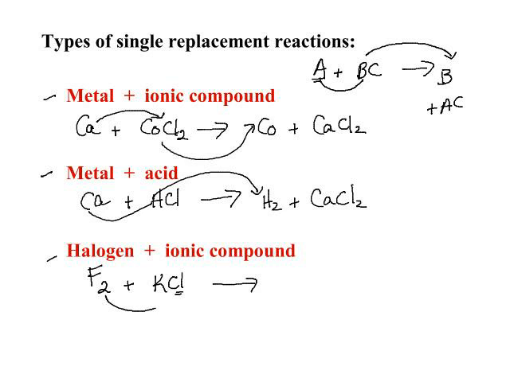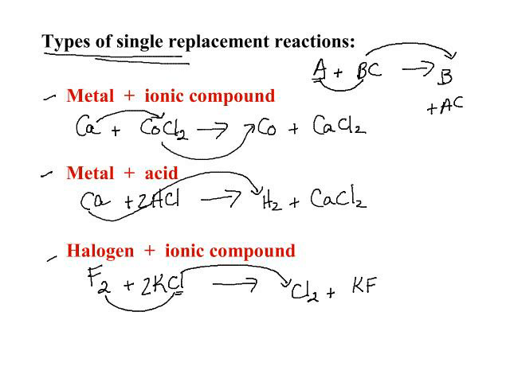In this case, the fluorine will replace the chlorine and form the compound. And then you would have to go back, of course, and balance these, and balance the rest of these as well. But these are your typical single replacement reactions.